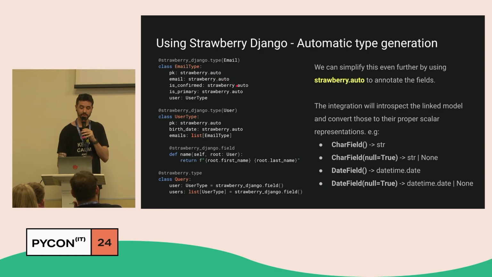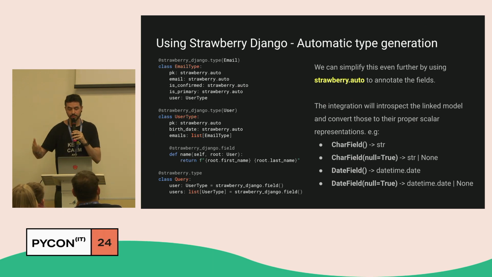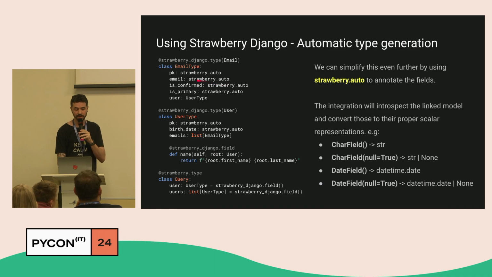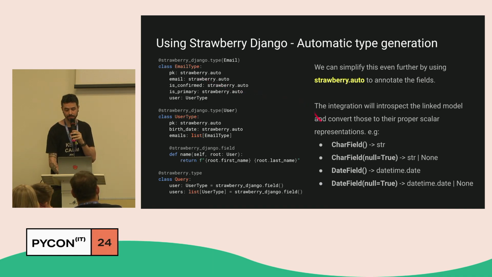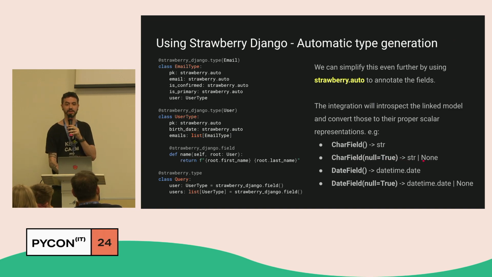You can just annotate it with strawberry.auto, and the integration will basically introspect the model when the type is being created and annotate it with the correct annotation. For example, a CharField is going to be annotated as a string. A CharField that can be set to null is going to be annotated with a string or None, and so on.